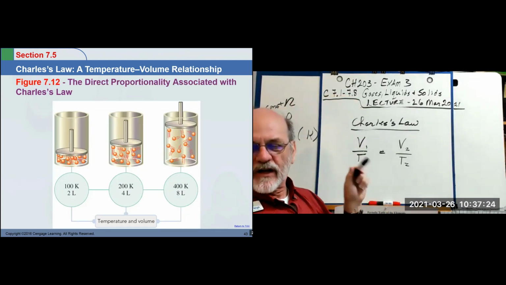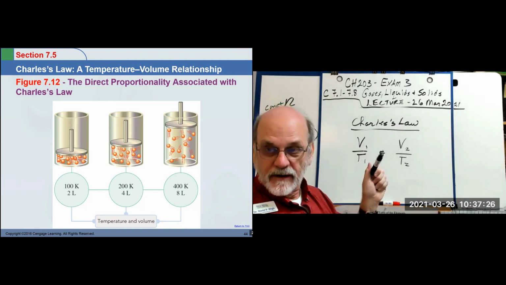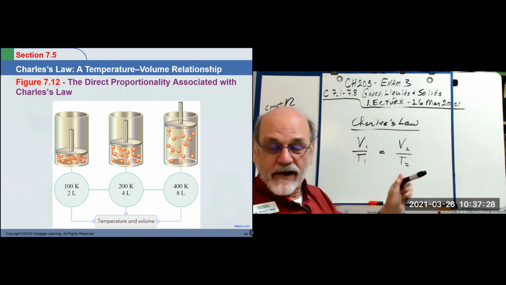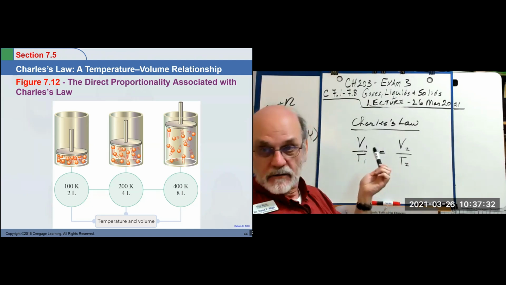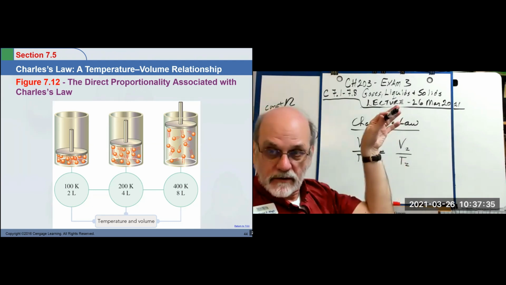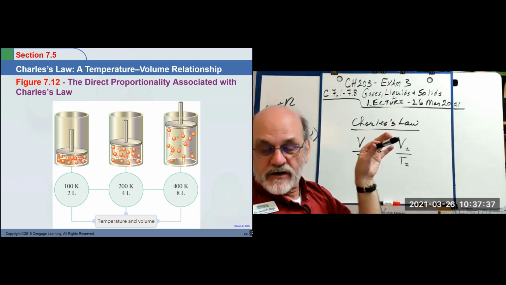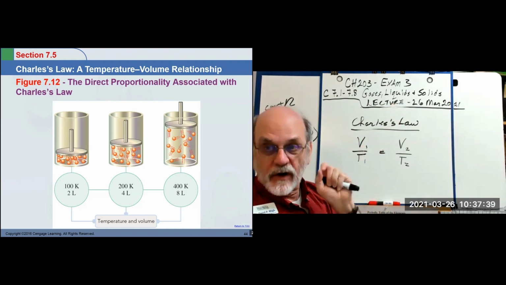So why does the volume increase as temperature increases? You increase the kinetic energy of the molecules inside the container. When you increase the temperature, more kinetic energy, which means when they smack the walls, they're hitting harder.